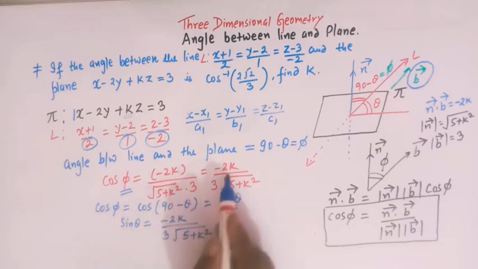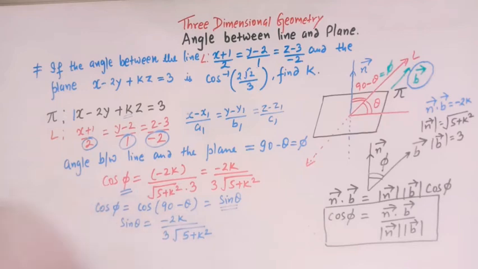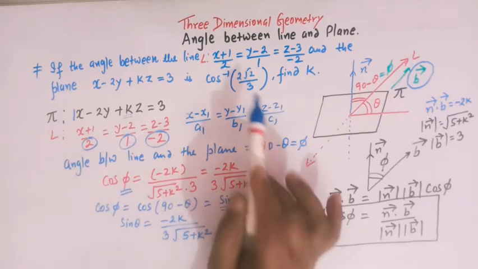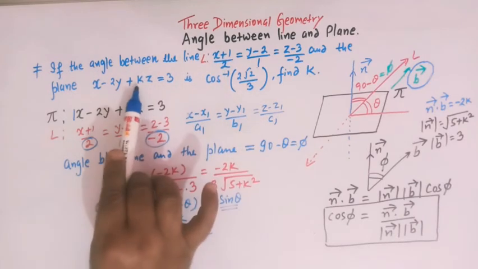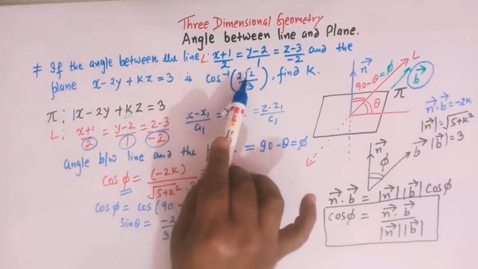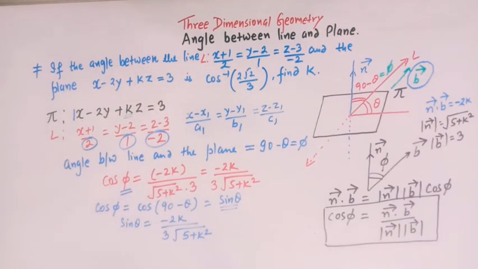So sine theta is now equal to this expression, and moreover we are given that the angle between this line and this plane is cos inverse of 2 root 2 over 3, right?